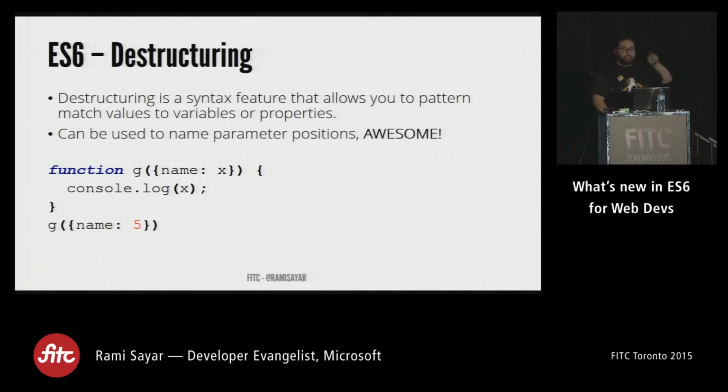So when I call this function, I have to pass in an object where it has the key name and some value 5. And when I go ahead and do a console log of that x, I'm going to get 5. That's really cool. And you can actually nest more keys and values in that object, and you can have a very well-defined object that you're passing as a variable.